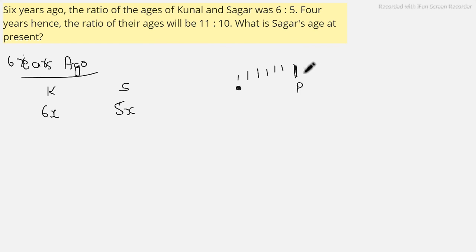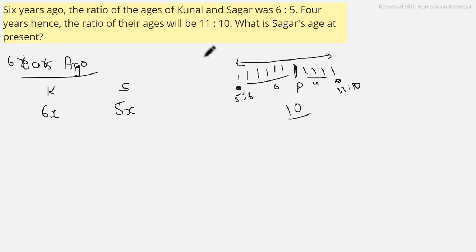So 4 years hence means 1, 2, 3, 4. Here the ratio is 11:10, and here it is 6:5. So what is the gap between these given years? The gap is 6 plus 4, that is, total gap of the years is 10 years.